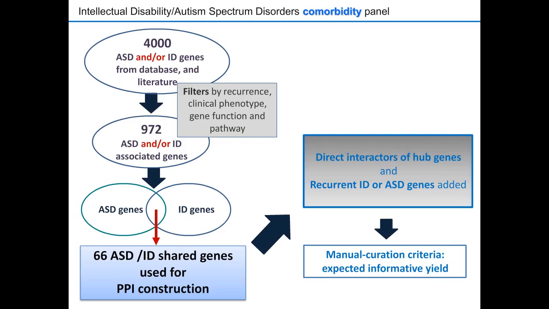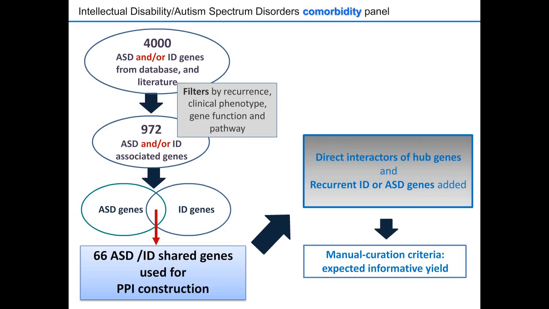we then selected very strictly genes that were shared between the two areas and could be used for protein-protein interaction construction. We then added some direct interactors and/or very frequent genes.